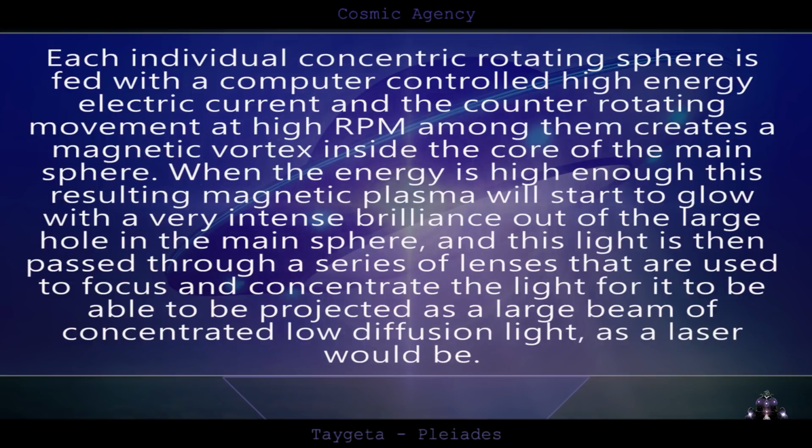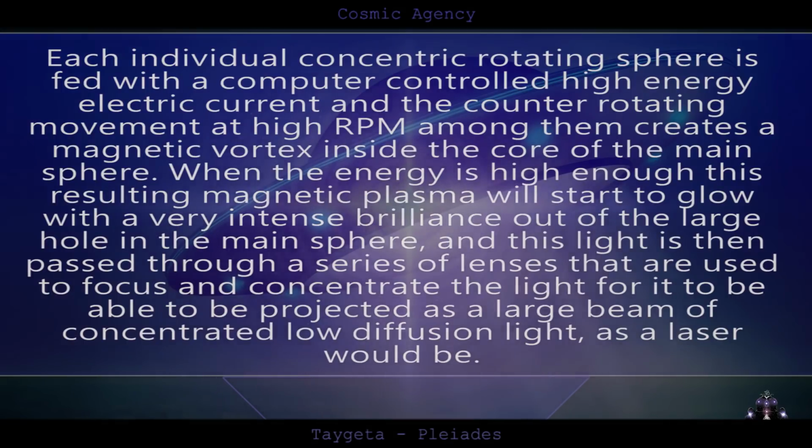When the energy is high enough, this resulting magnetic plasma will start to glow with a very intense brilliance out of the large hole in the main sphere. And this light is then passed through a series of lenses that are used to focus and concentrate the light for it to be projected as a large beam of concentrated low diffusion light, as a laser would be.